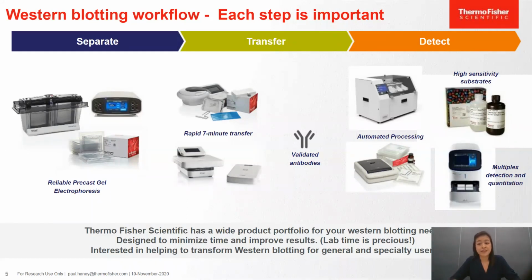Some of our products that will transform your Western blotting experience include a reliable precast gel electrophoresis system, rapid 7-minute transfer systems, validated antibodies, automated blot processes, high sensitivity substrates, and our eye-bright imager that supports multiplex detection and quantitation.